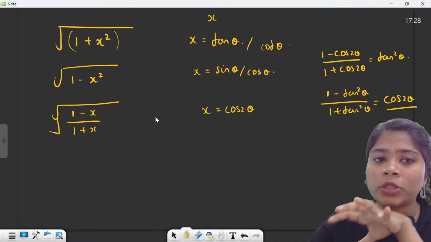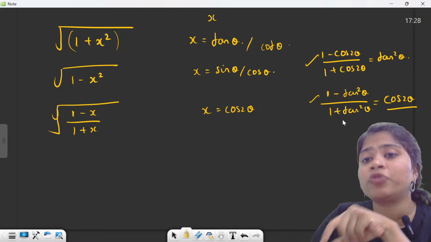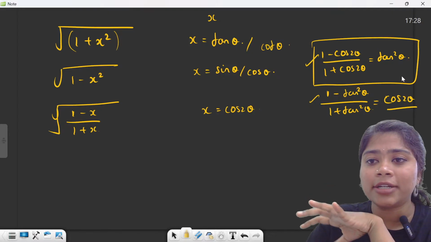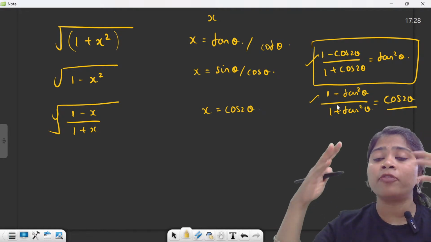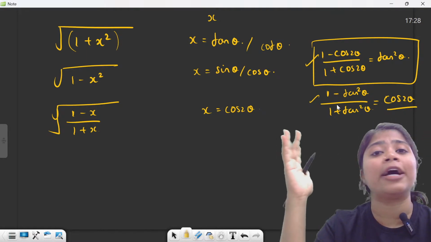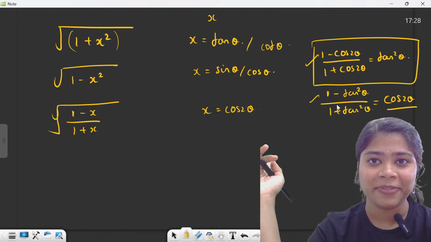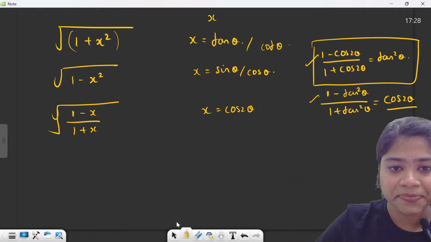So according to this particular expression, which one works fine? This one is useful here, right? So try to figure it out that way. We have so many formulas in trigonometry, and you need to check which works better. I think you should have this clarity, right?